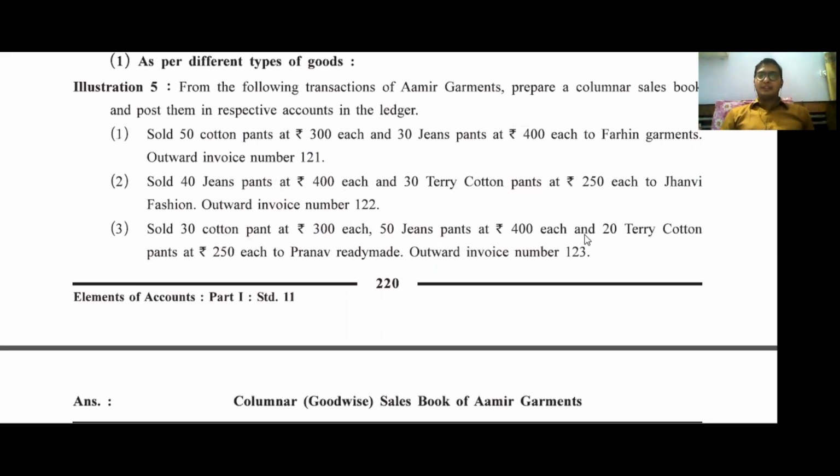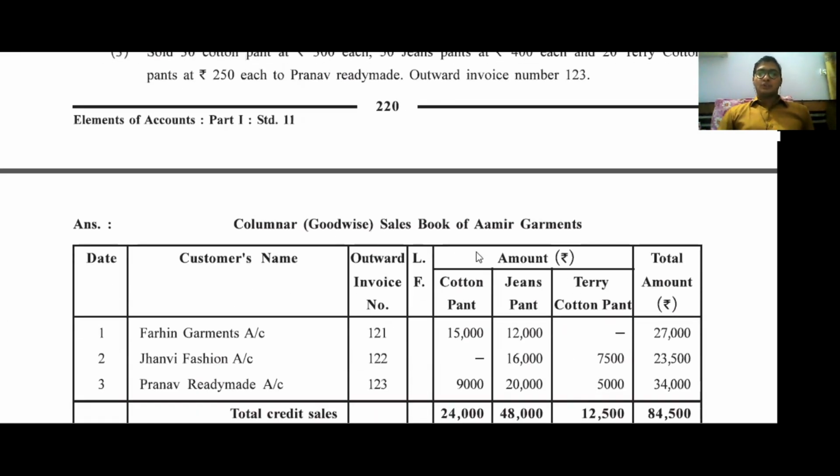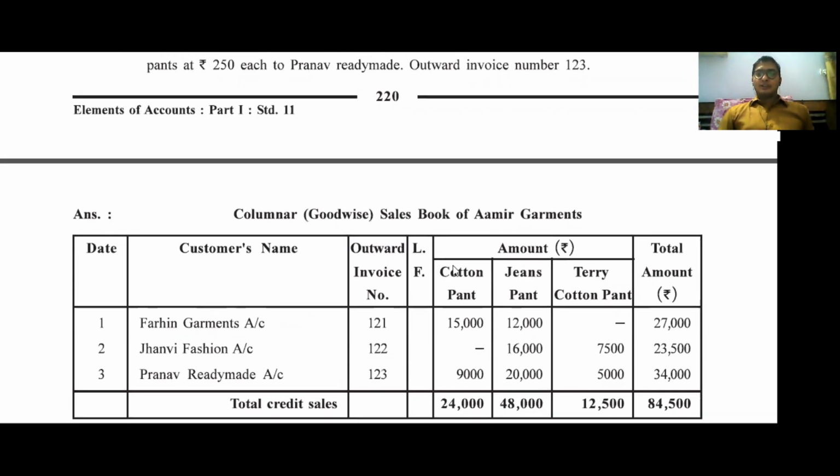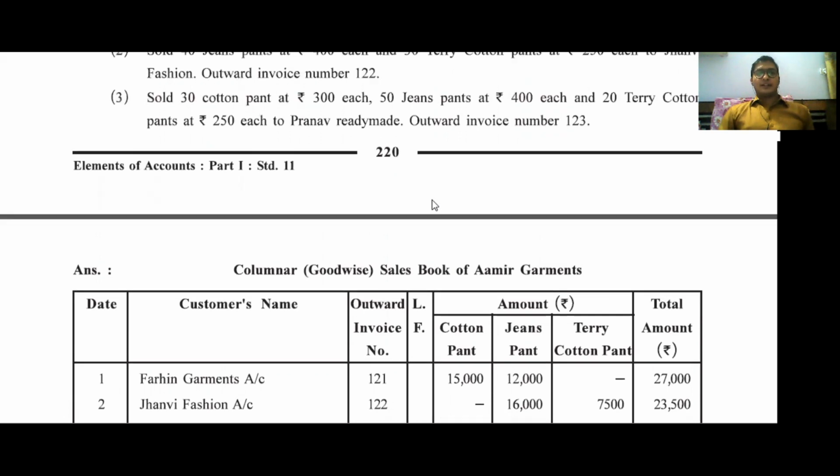So there are mainly three types of goods: cotton pant, jeans pant, and terry cotton pant. Then the total amount. First of all, we have to draw this type of table and then start the sum.